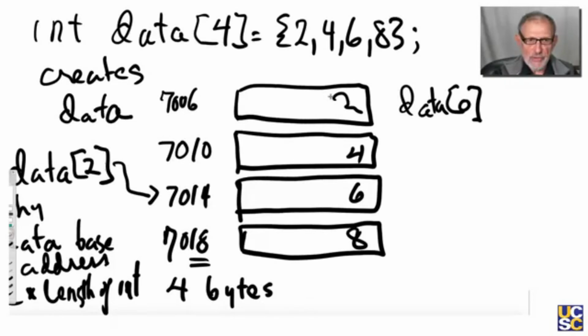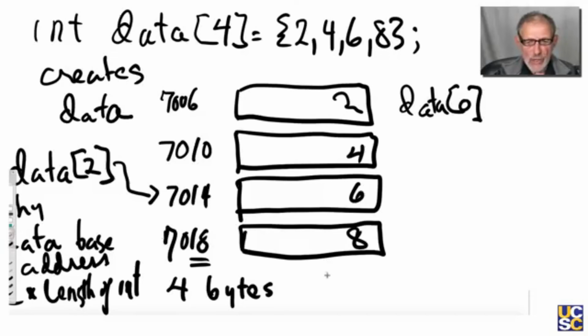So we think of this array as having 4 individual cells, mailboxes, appropriate to that integer data type, meaning we need 4 bytes. And we can think of this as data of 0, data of 1, data of 2. There specifically is data of 3.